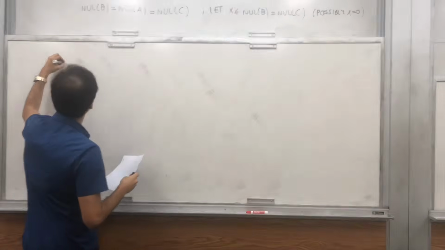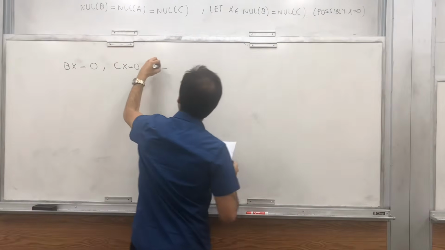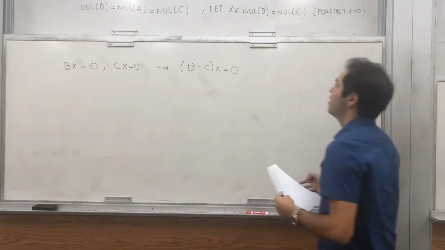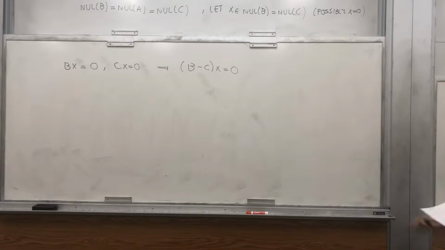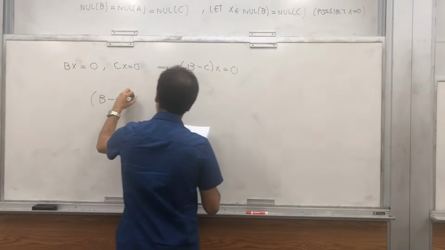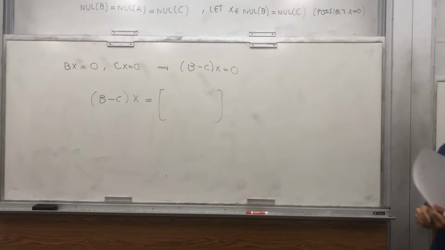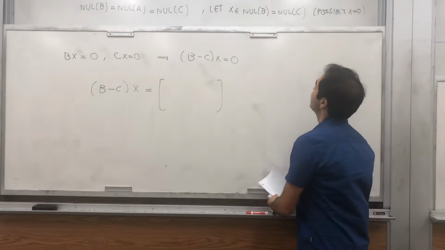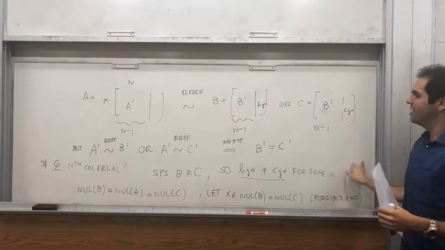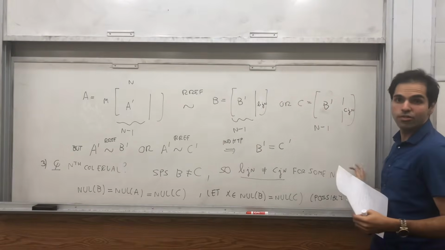So because X is in the null space of B, Bx equals 0 and Cx equals 0. So in particular, (B minus C)x equals 0. So we know that. On the other hand, what is B minus C? Remember, B and C, their first n minus 1 columns are equal, because, just showing you this picture again, here the two columns are equal, so if you subtract them, you just get the 0 matrix.